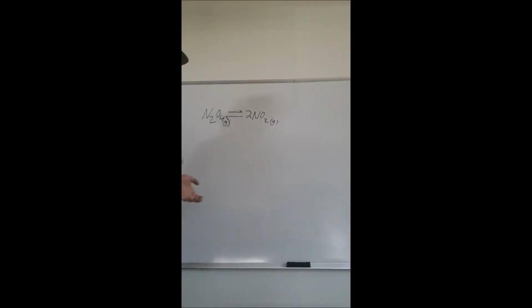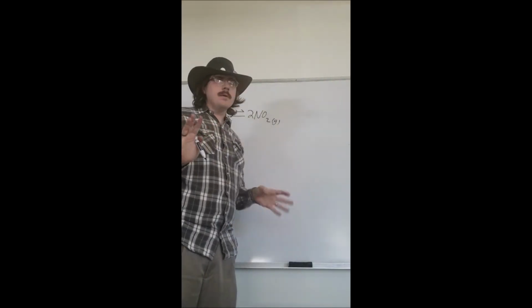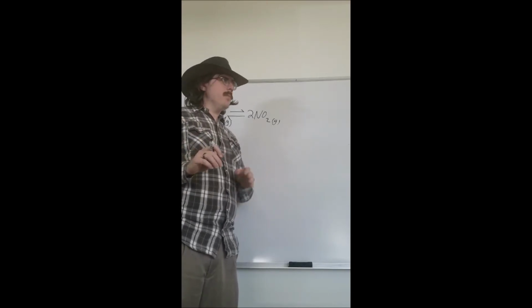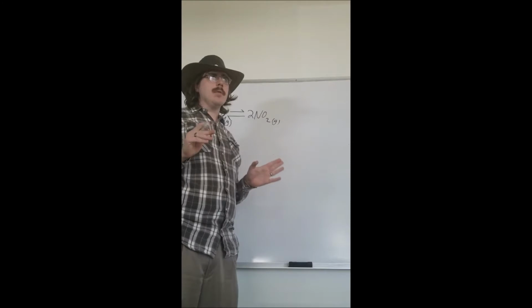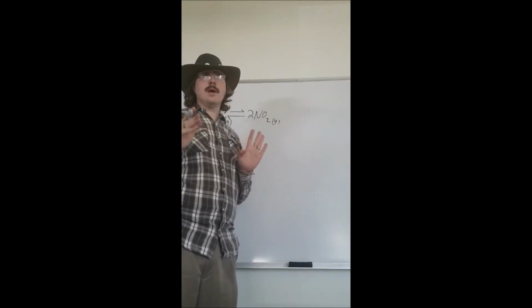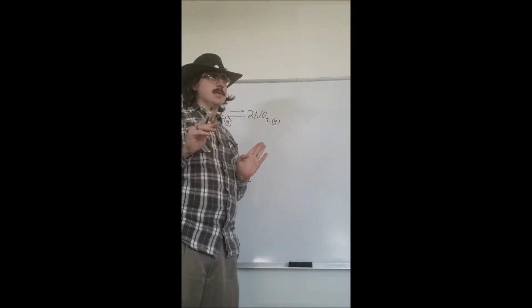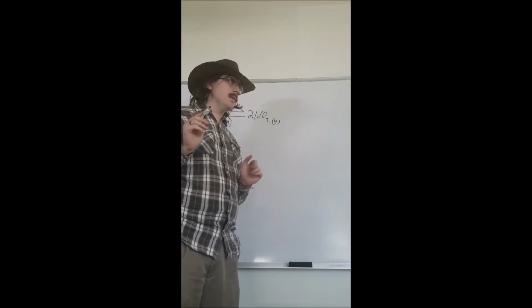I'd like to talk about how to solve a K expression. There are several things you could be solving for in a K expression, but one of the main ones you'll be solving for is the actual equilibrium constant itself. To do this, we need to know the concentrations of all materials involved, at least all materials that are aqueous or gas phase.